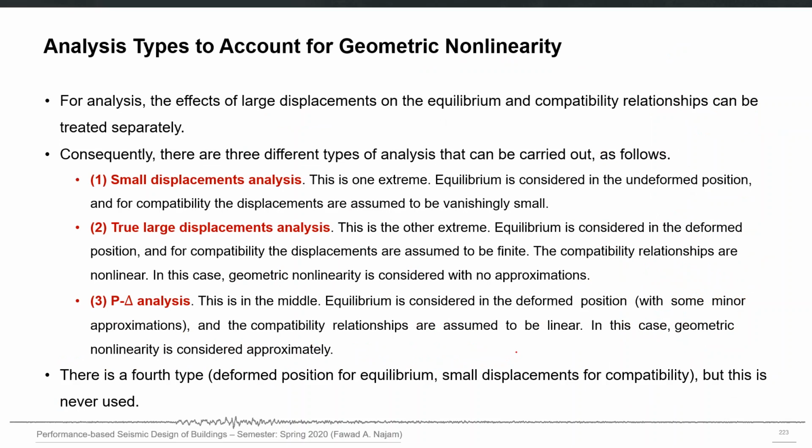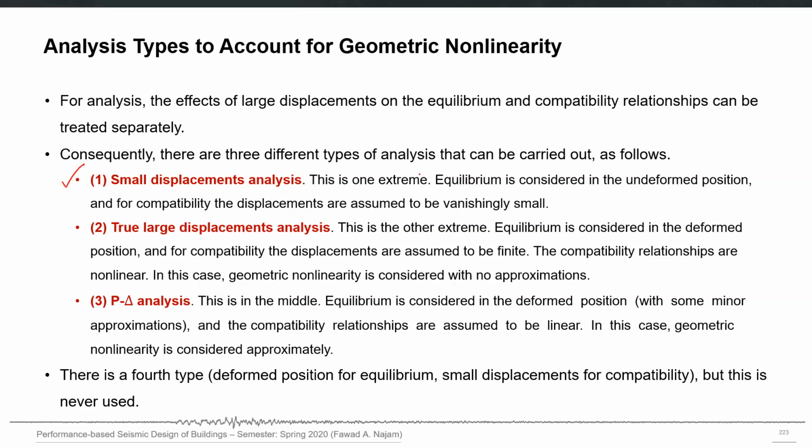So based on the consideration of geometric nonlinearity, there can be three different analysis types. In fact, there is a fourth one also, but that one is not used and is not practical. So there can be three important analysis procedures or types based on whether you consider the geometric nonlinearity or not. The first one is called the small displacement analysis.